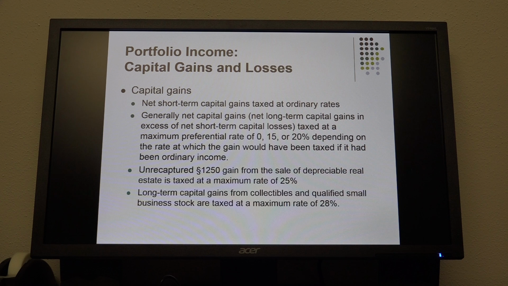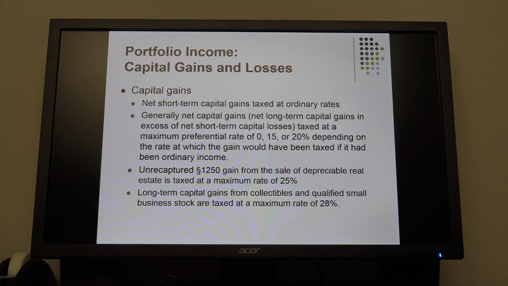If you just have the sale of one capital asset, you have to figure out if it's a gain or a loss and determine then if it's short-term or long-term. But if you're selling numerous capital assets, that's when you get into this netting process.